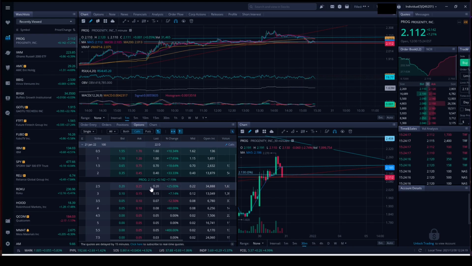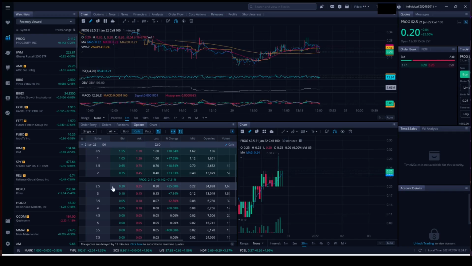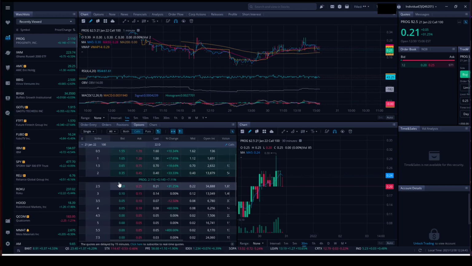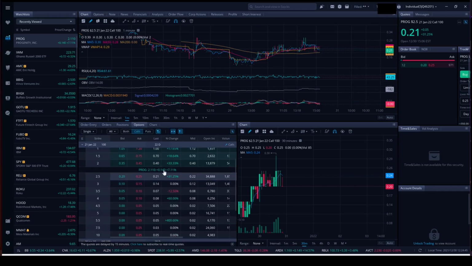So if we go and buy a 2.5 strike call, we want to buy that call. Let's see if we can do a vertical here. Okay, so this is a vertical call strategy. This is what we're doing. Right now, we'll go based off of the last traded price.